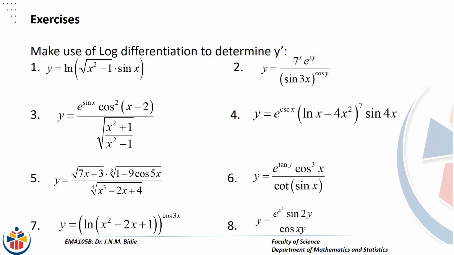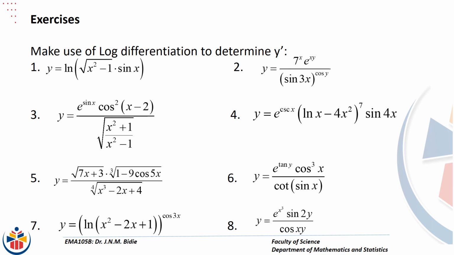Here are more exercises that we can use log differentiation on in order to get y prime. Note that we've been given explicit expressions here, so it will be easy for us to substitute the expression for y in our final answers for number 1, number 3, number 4, number 5, number 7.